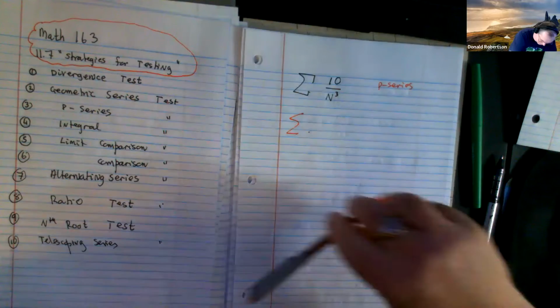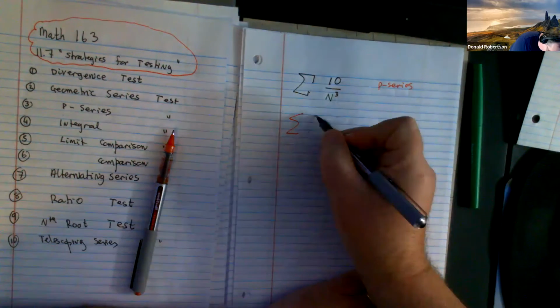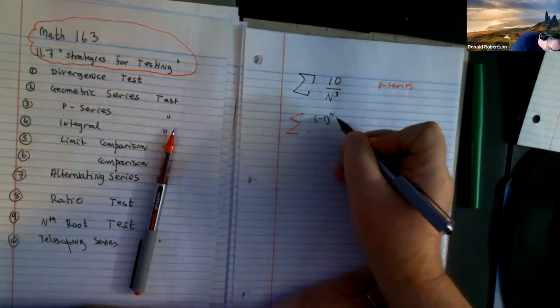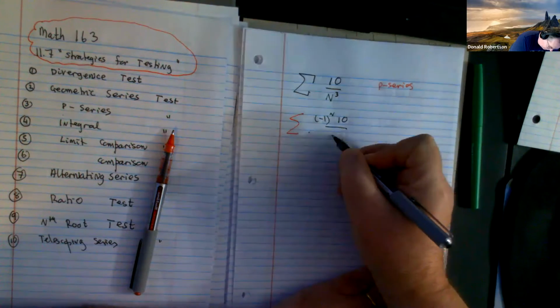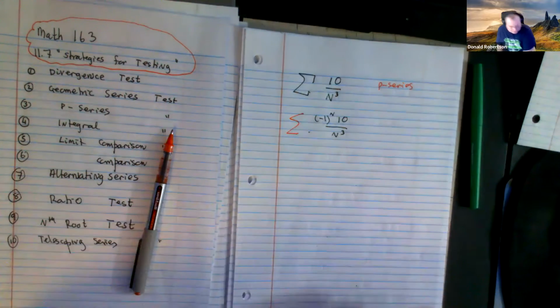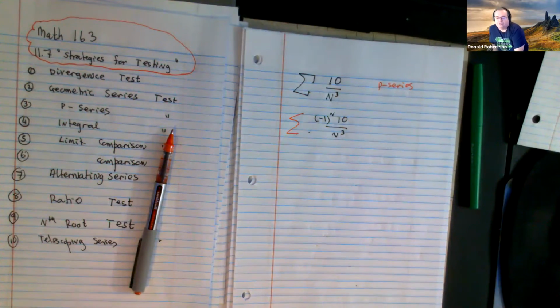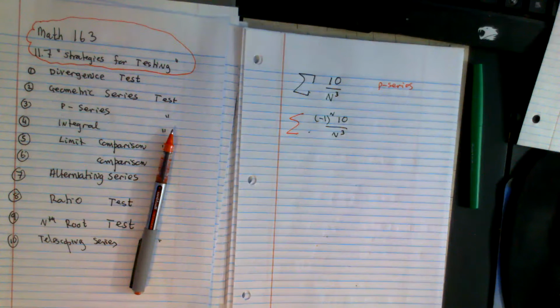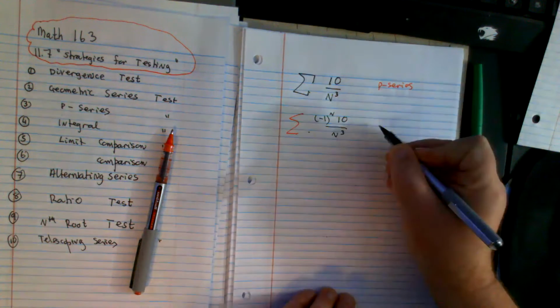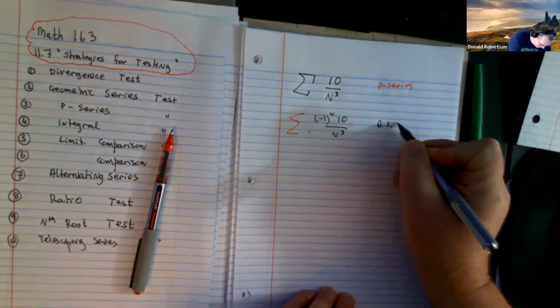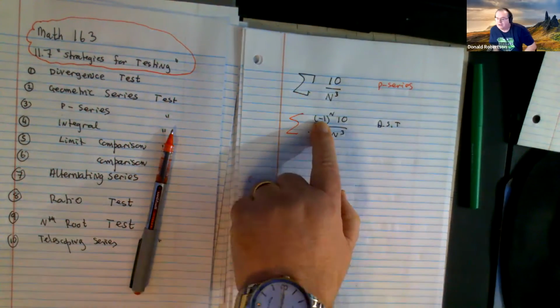So I'm going to have to get my pen system worked out there. What would you use on that series? The alternating series test. And would you agree that the clue there is that -1 to the n?